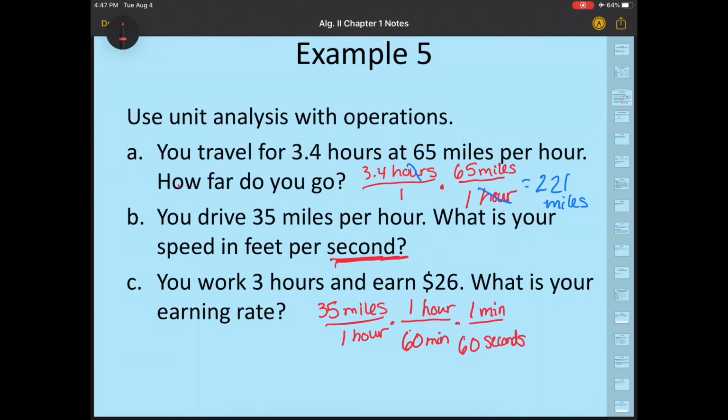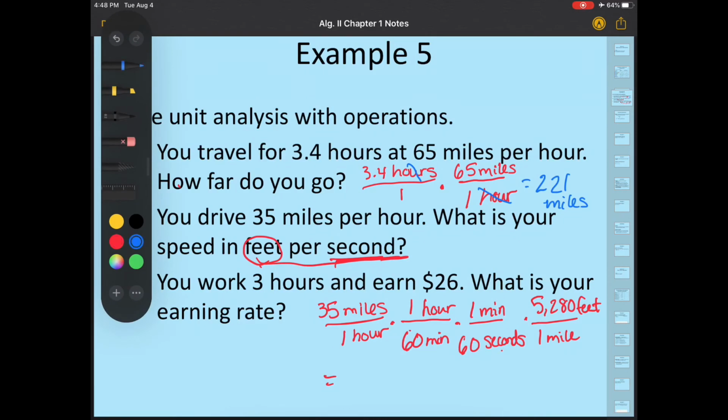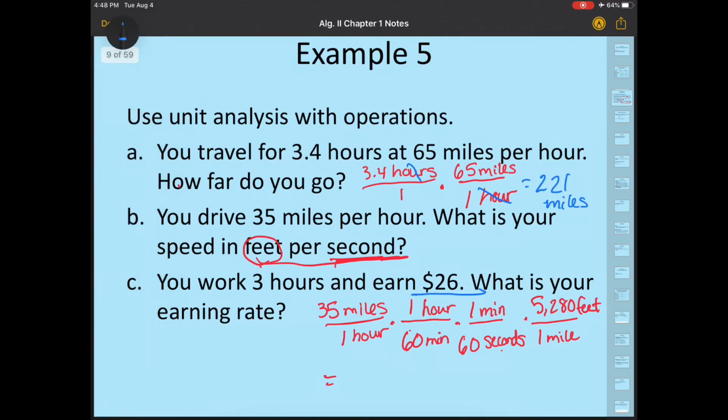So I had the seconds part, but I still need feet. And I'm in miles. So, in 1 mile, there's 5,280 feet. And right now, because I got feet, I got seconds, and they asked for feet per second, I'm good. So again, when we multiply fractions, you multiply all the numerators together and all the denominators together.